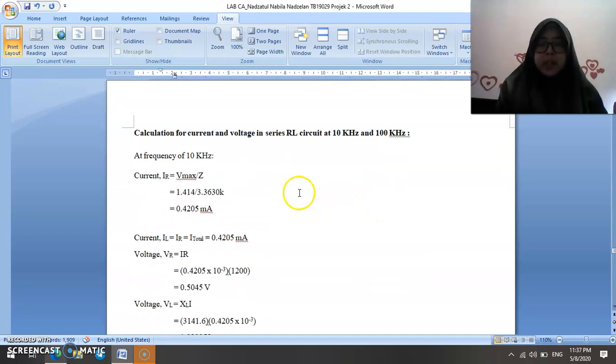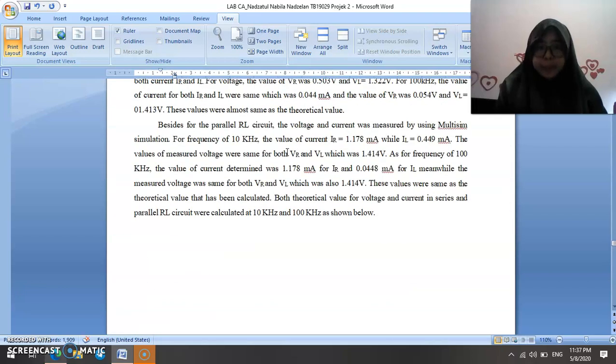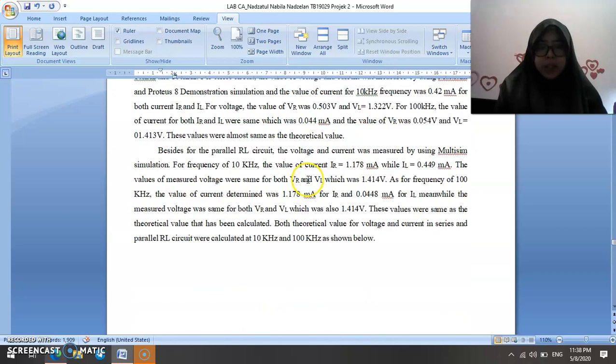This is the calculation that I have made for series and parallel RL circuit at 10 kHz and 100 kHz frequency. For current IR, for the theoretical value, I use Vmax divided by Z, which is the total impedance.